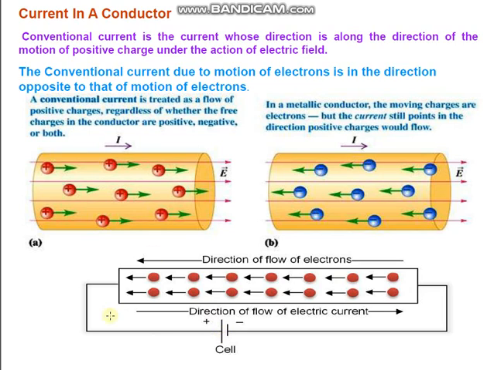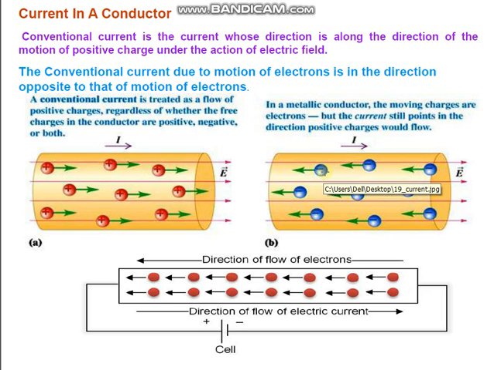So this is the conventional way to show the direction of the current from positive terminal to negative terminal. We always consider that the conventional current is only due to flow of positive charge carrier. For example, in this case, free electrons are moving against the direction of conventional current.